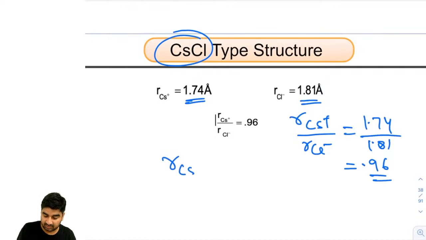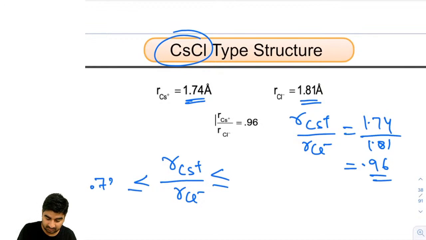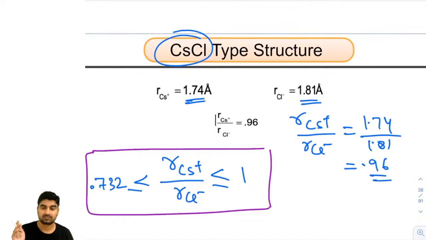So I will say radius of cesium to radius of chloride. Yes, it will lie between 0.732 and 1.